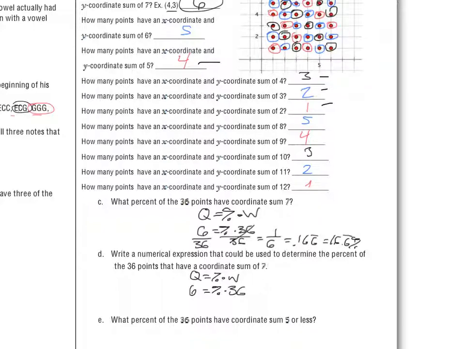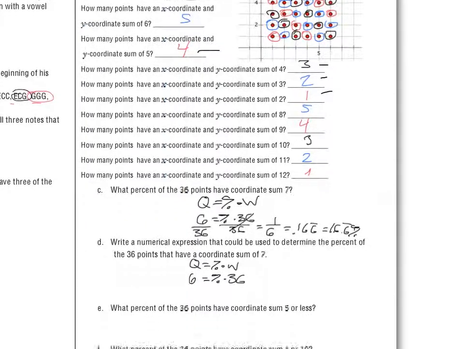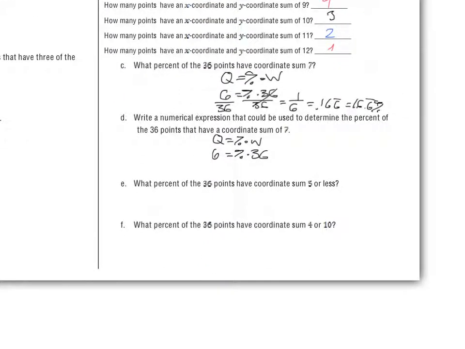So you need to add that all together, and that gives you a total of 10 possible combinations. 10 is equal to percent times total of 36 combinations. Do the math there, 27.7 repeating.